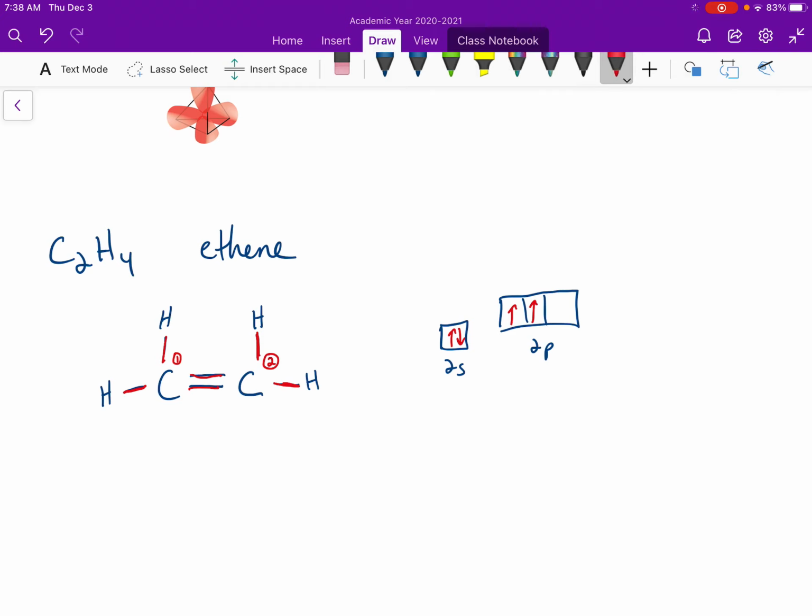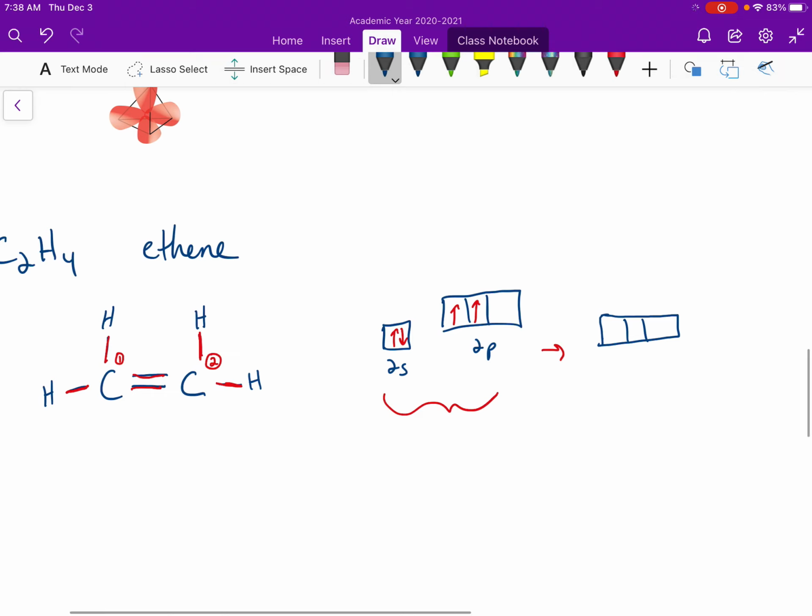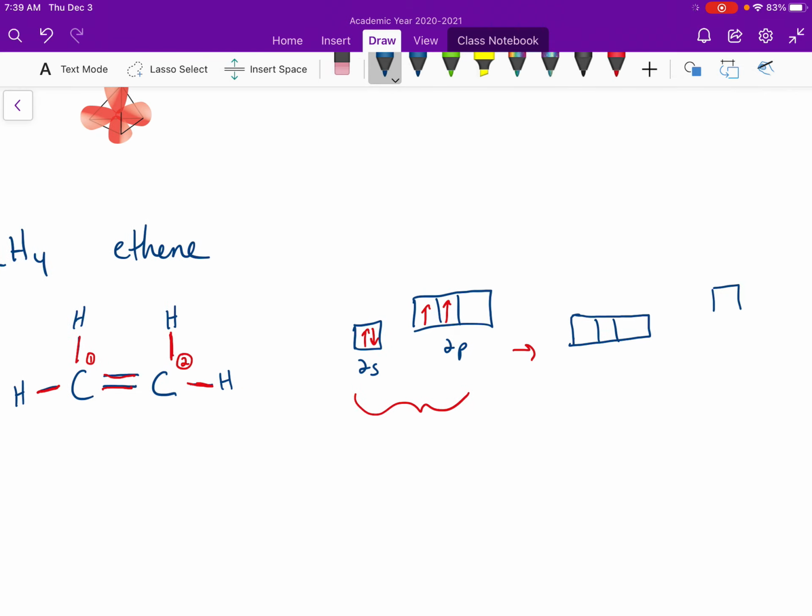So what does it do? It takes this and turns it into these guys, and that leaves an extra 2p orbital over here. So what are we going to call these 3 new hybrids? Well, I took the s and 2 p's, so these are going to be sp2.